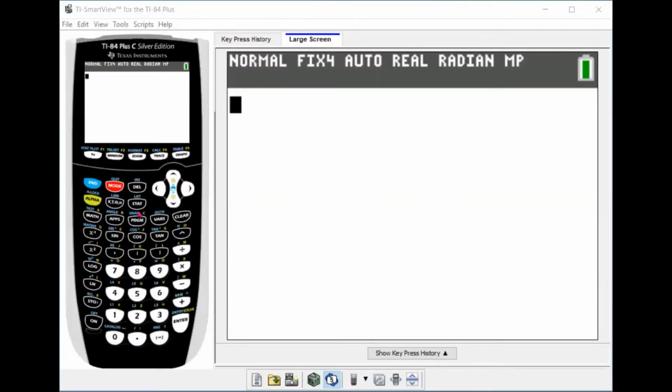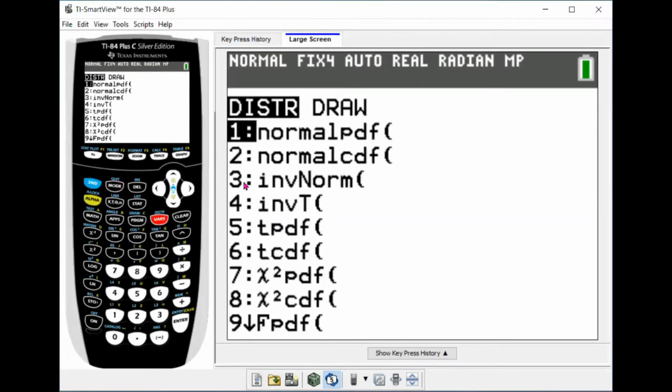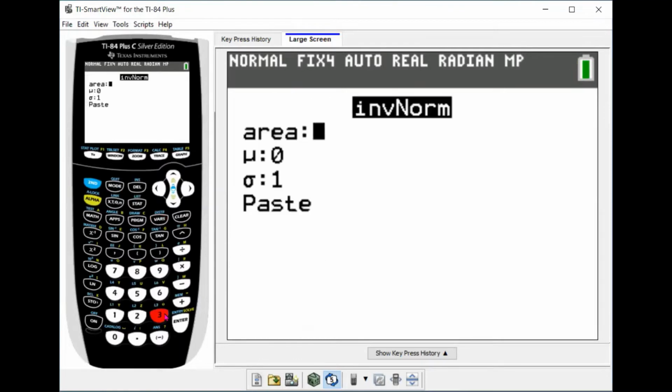Okay, so in the TI-84 calculator, we go to second, vars, and here you see in number 3, we have inverse normal. So we take that number 3 and we type the area. Remember, this area is the area on the left. So in our example, the area on the left is 0.10, 10% area is on the left.